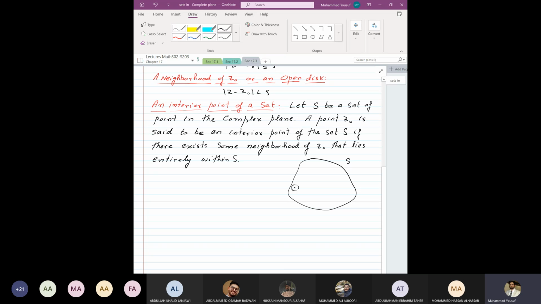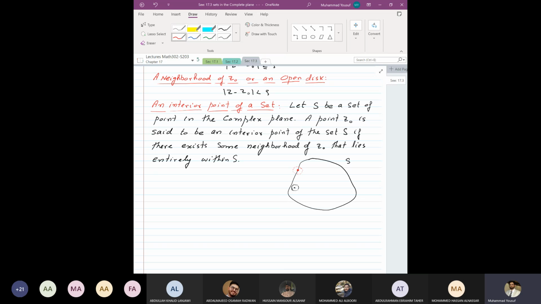Okay. If we take a point, for example, here, then whatever small radius you choose, whatever small neighborhood you make, that will contain at least 1 point from S and 1 point outside of S. Now this point is called not an interior point.